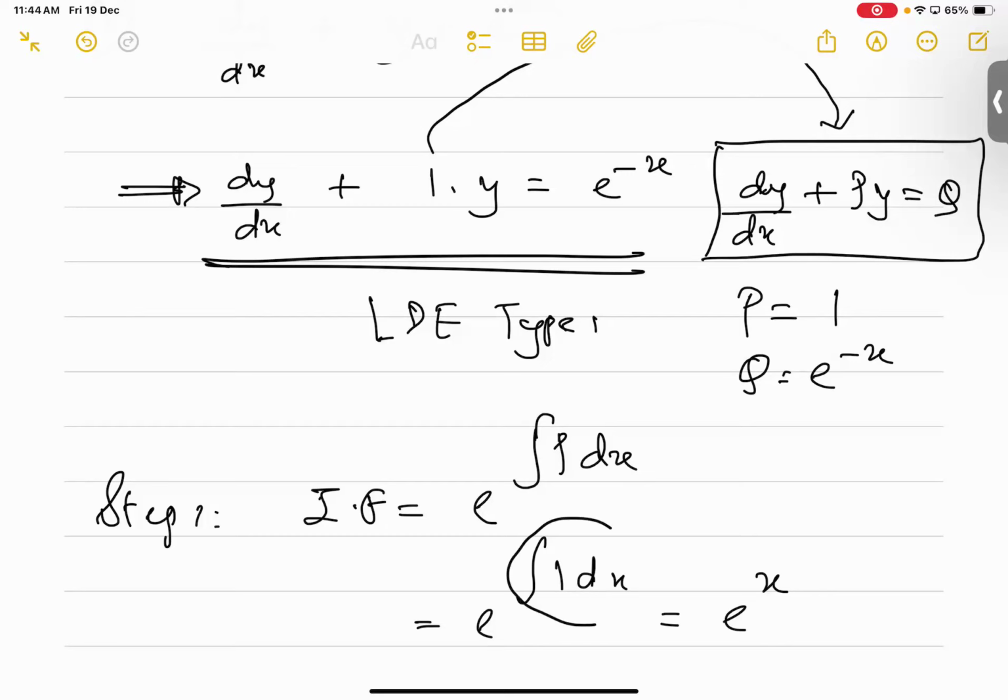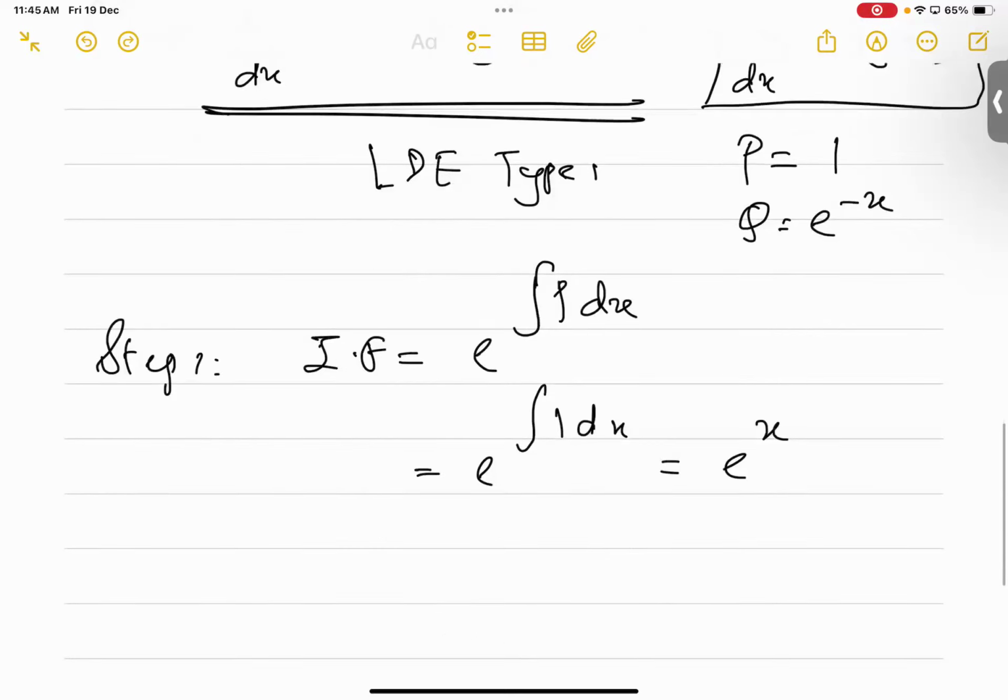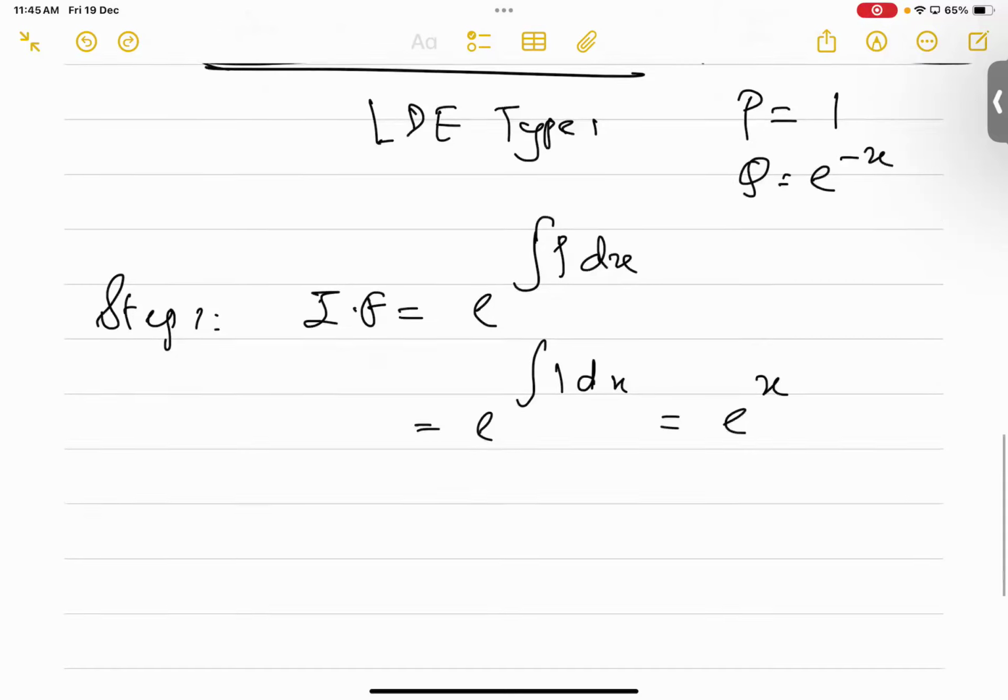We have integrated, so plus c won't be there. So this is step one.